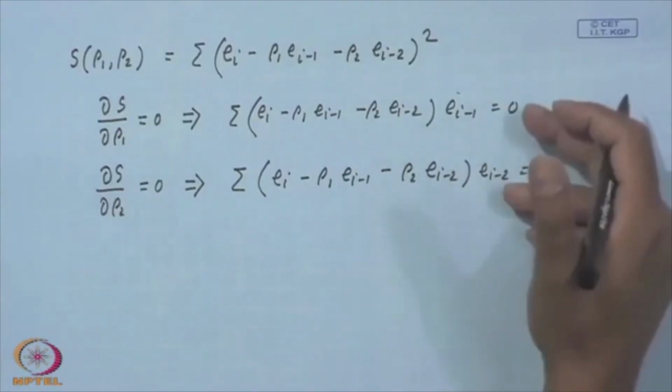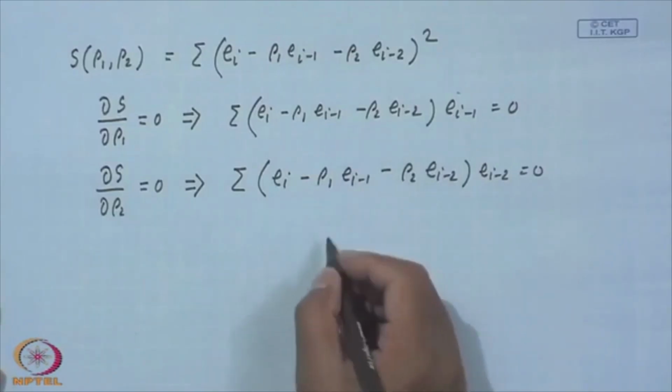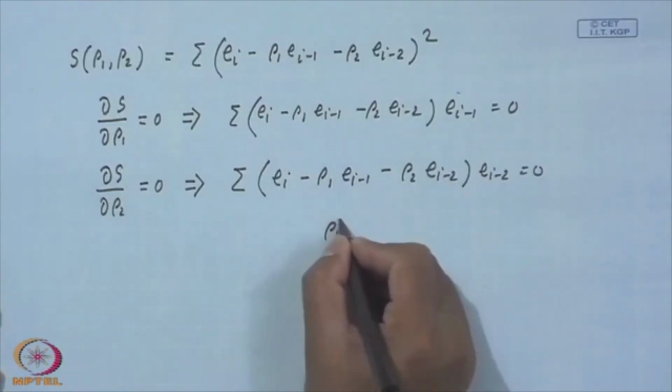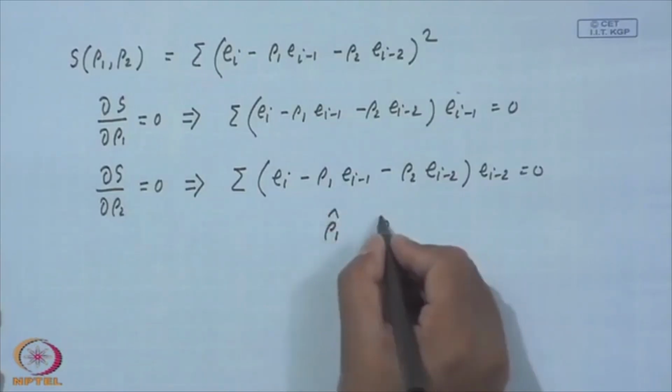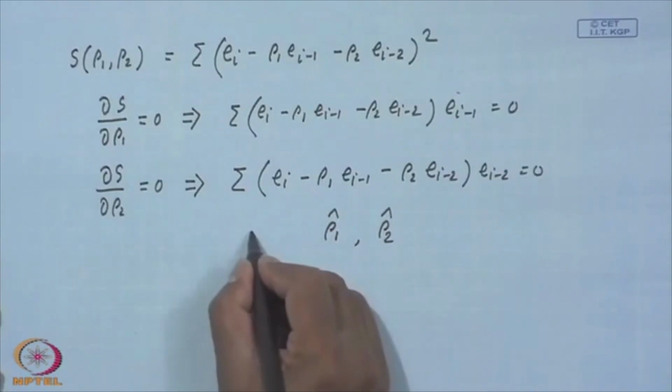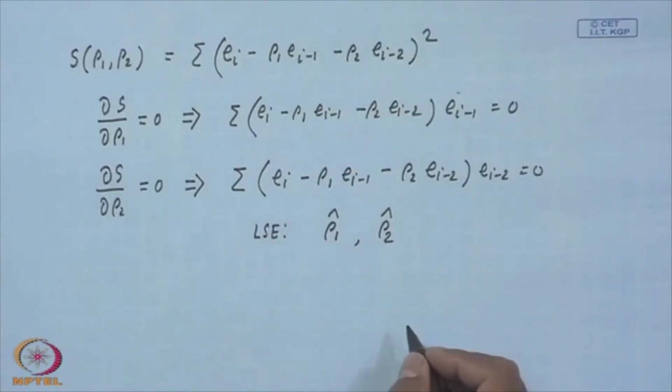So, you have two normal equations and two unknowns. So, you can find rho 1 and rho 2, call them rho 1 hat and rho 2 hat. These are the least square estimates of rho 1 and rho 2.